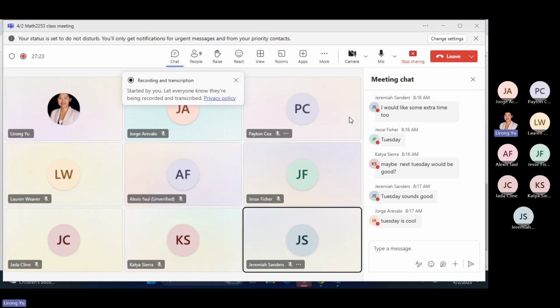Okay, so if you're attending online, we're talking about moving the test date to allow more time to study and more time to finish the homework. So if you are concerned or if you don't like having a Tuesday test, please say so during the class so that everybody's opinion can be heard and discussed.